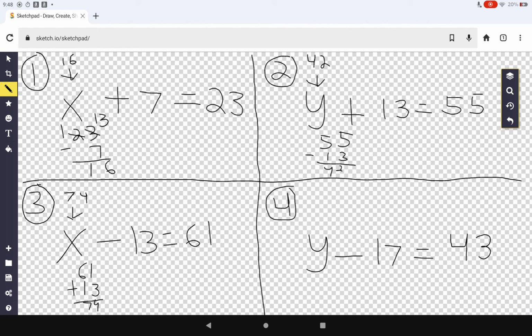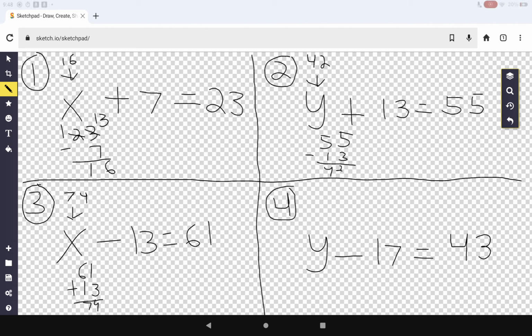If you ever do algebra equations, just remember that. If you check your work and, for example, I got 75 for x and 75 minus 13 wasn't 61, then I know I did something wrong. So x equals 74 for this one.